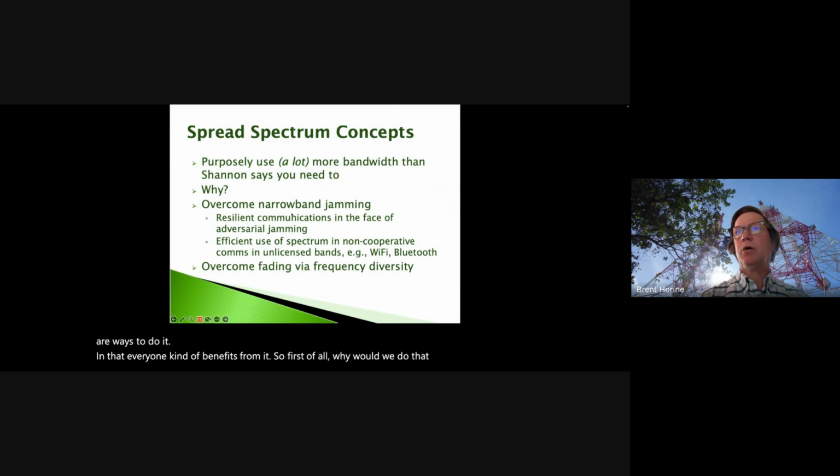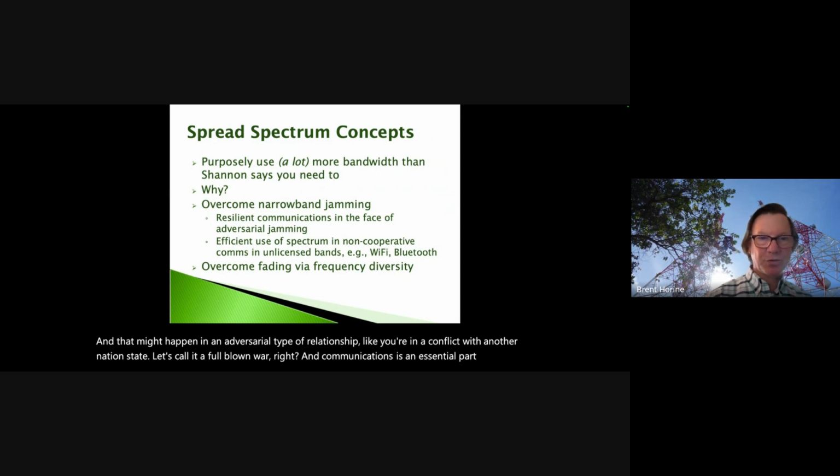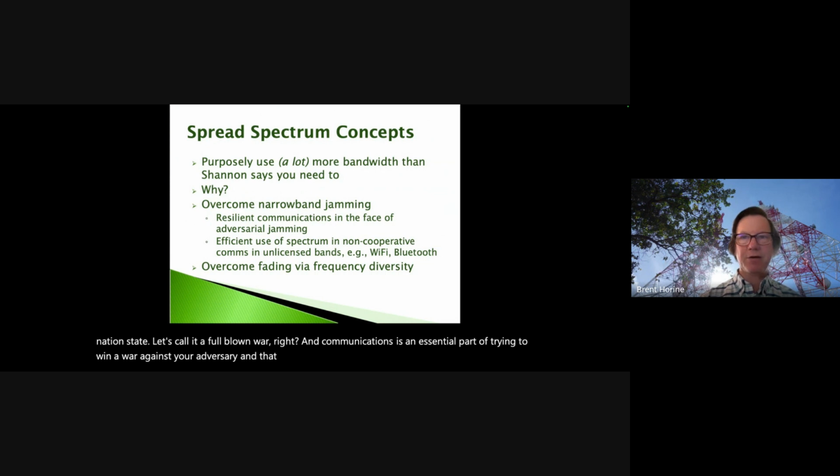Well, we can overcome narrowband jamming, and that might happen in an adversarial type of relationship, like you're in a conflict with another nation state. Let's call it a full-blown war, right? And communications is an essential part of trying to win a war against your adversary, and it goes way, way back, right?